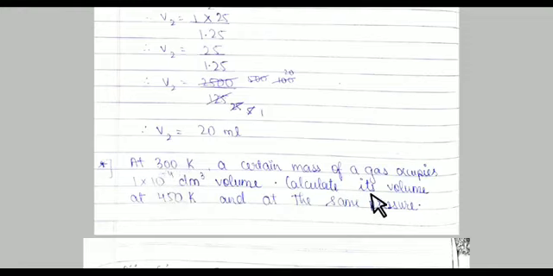What we have to calculate? We have to calculate volume at 450 Kelvin, and at the same pressure, meaning here pressure is constant.